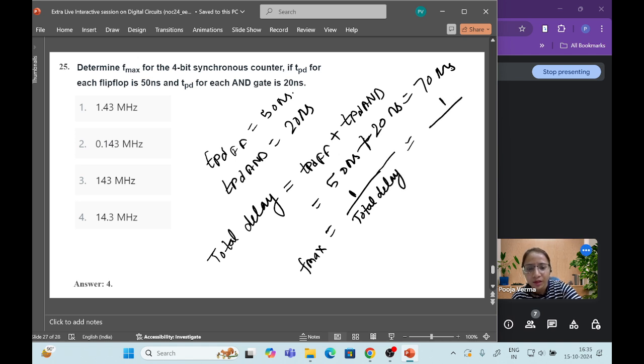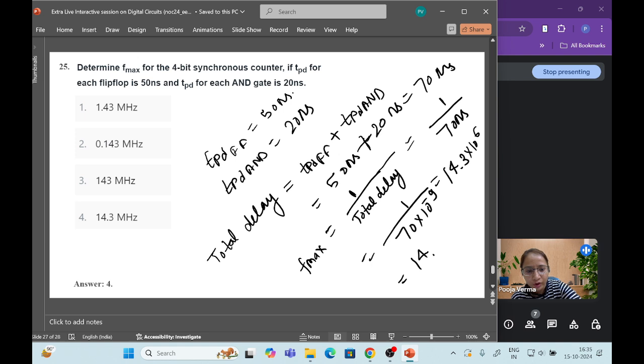So 1 by 70 nanosecond. You can write it 1 by 70 into 10 to the power minus 9. If you further divide and solve it, you will get 14.3 into 10 to the power 6, or you can write it 14.3 megahertz. Okay, so option 4 is the correct answer. F maximum will be 14.3 megahertz.